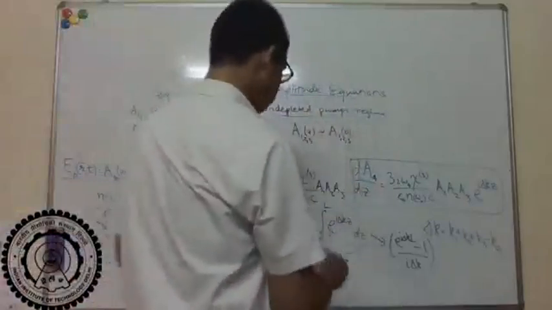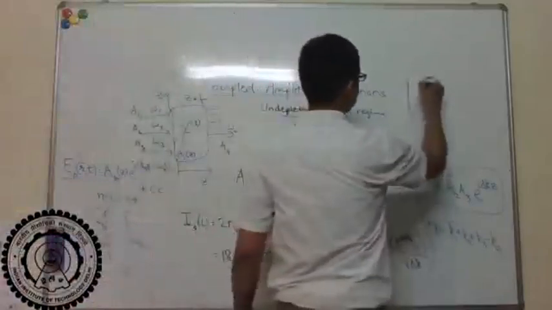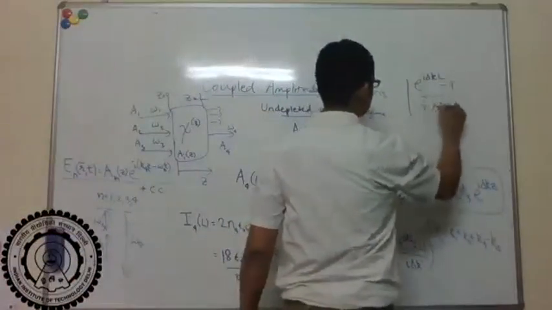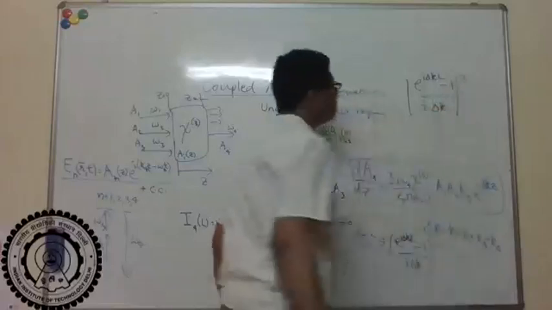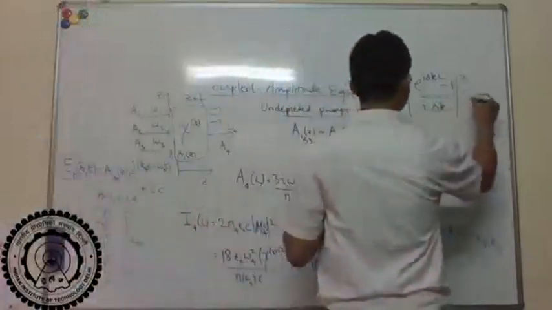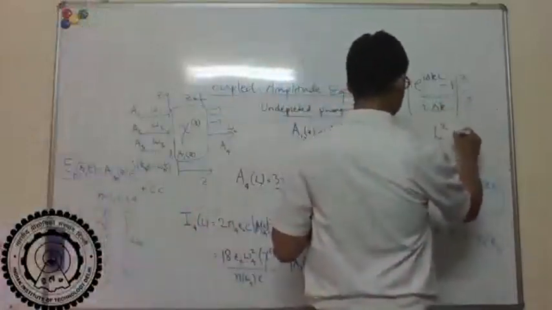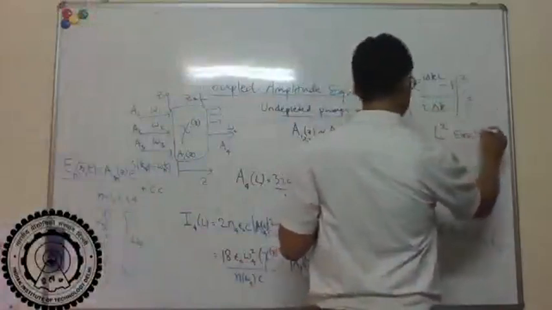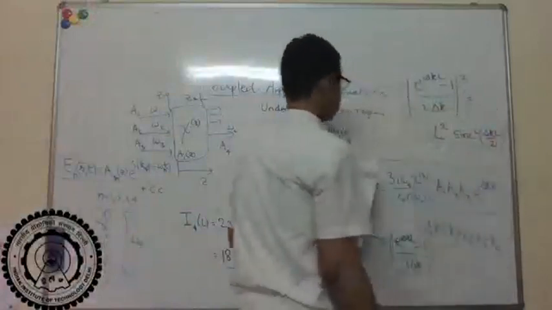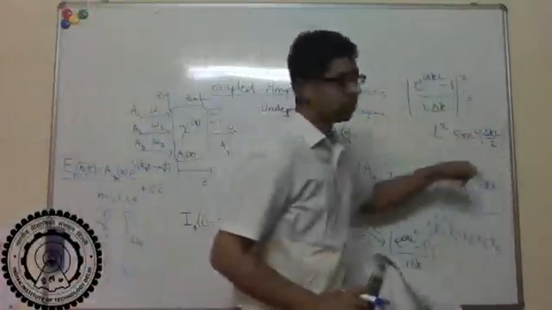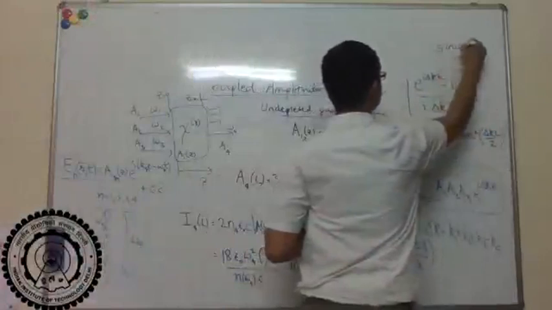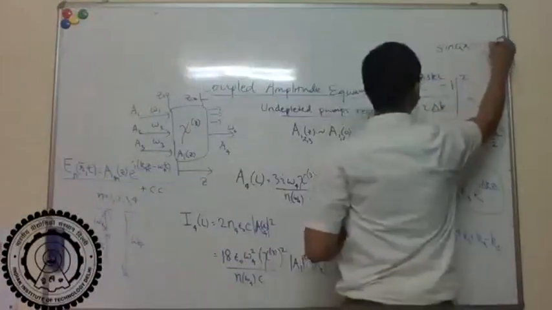Mod square of that, you can convince yourself, is that where sinc, as you know, sinc of x is sine of x by x.